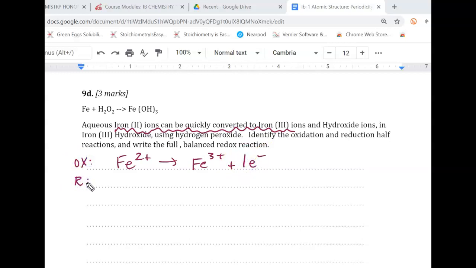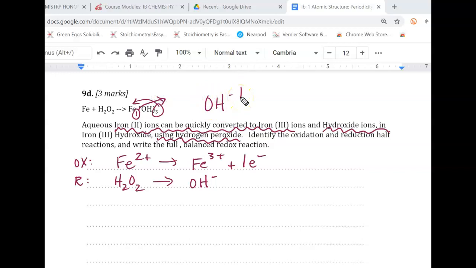That means the other reaction has got to be our reduction, and this is saying that hydroxide ions can be gotten by using hydrogen peroxide. So that means we're going to use hydrogen peroxide to form hydroxide ions. And you might be going, well, I didn't know hydroxide ions. You could have uncrisscrossed these charges to figure out that hydroxide was 1 minus.